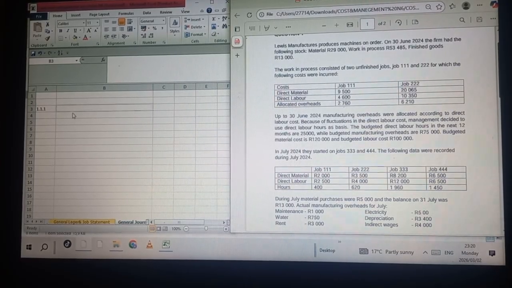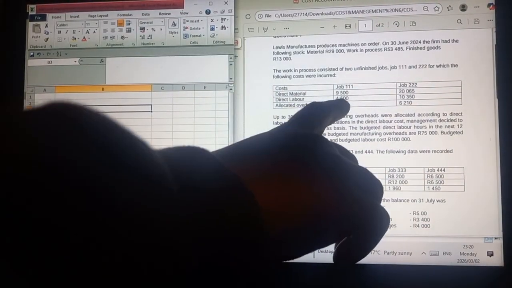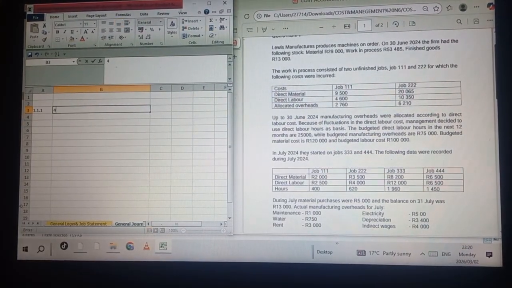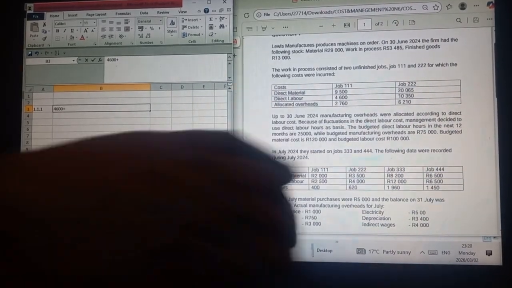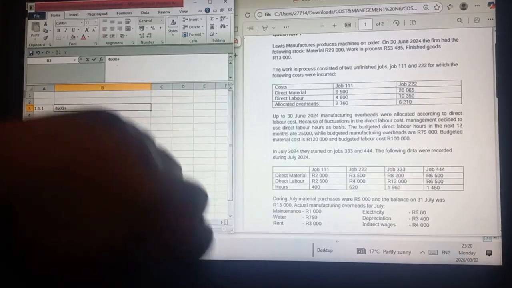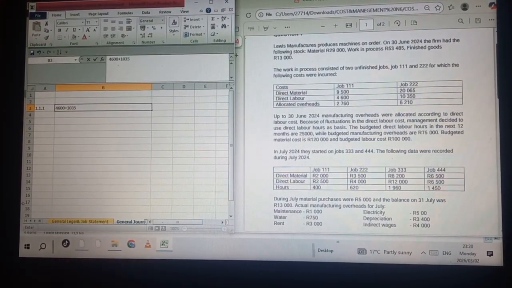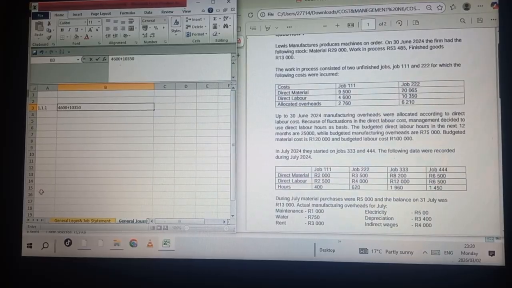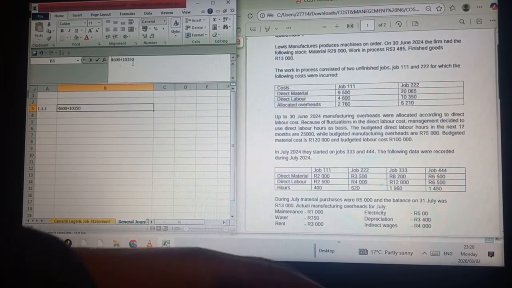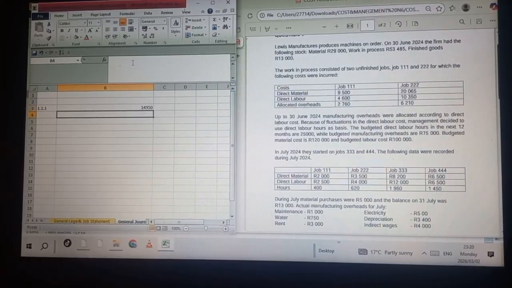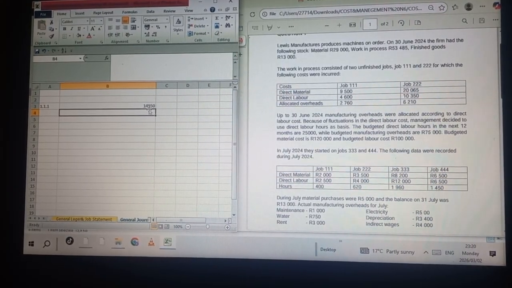We'll say total labor, which is 4,600 plus 10,350, and then you get 14,950.